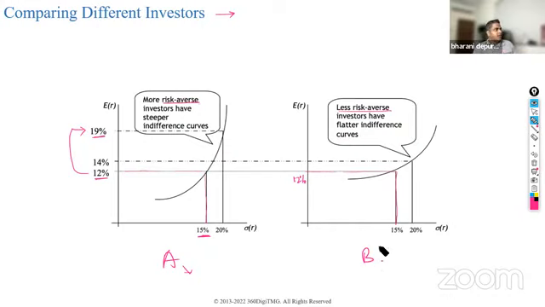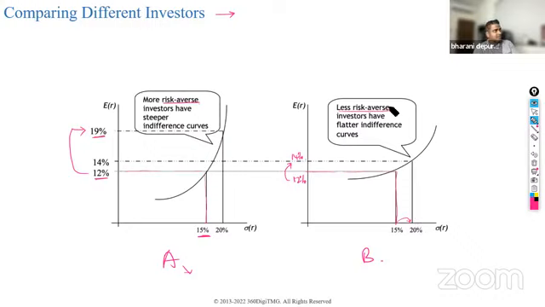On the other side, you have B, who is less risk averse. This guy might say that for the 5% additional risk, give me 14%, that is good enough. I'll be happy. So from 12%, increase the expected return to 14%, and I'll take 5% additional risk.